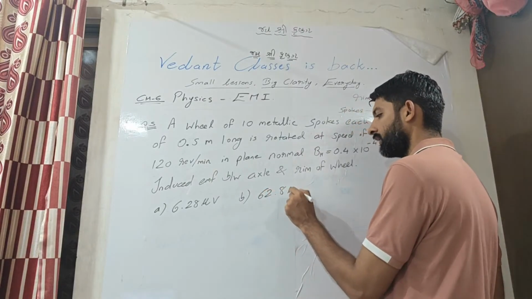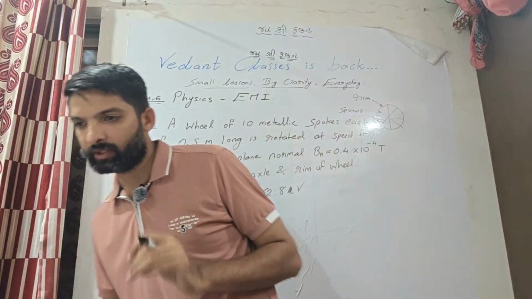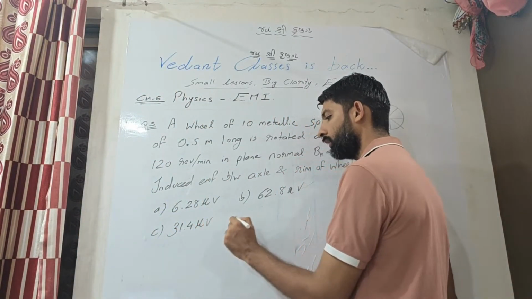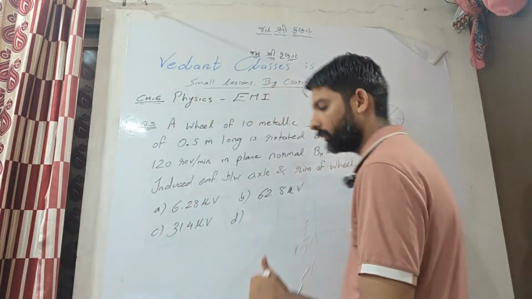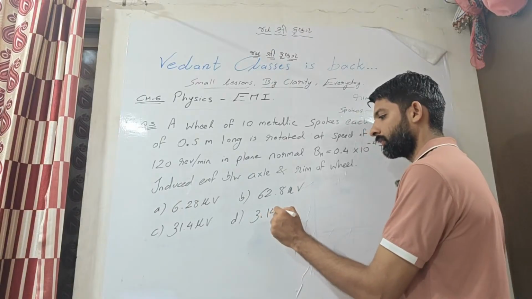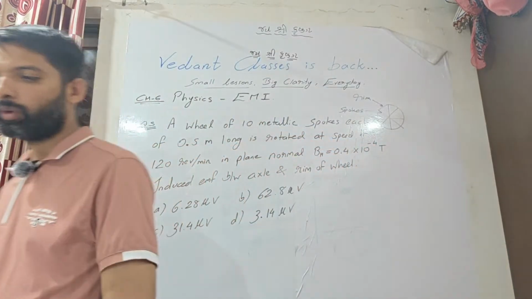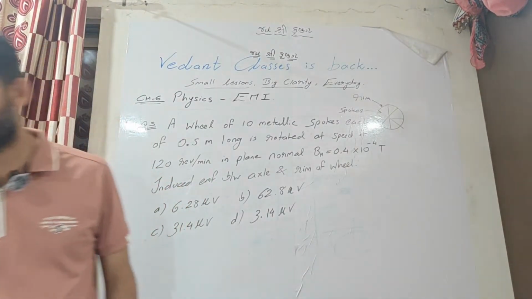Be careful over here. Option C given is 31.4 microvolt. Option D given is 3.14 microvolt. So solve it carefully, using the same formula, you can try this question.